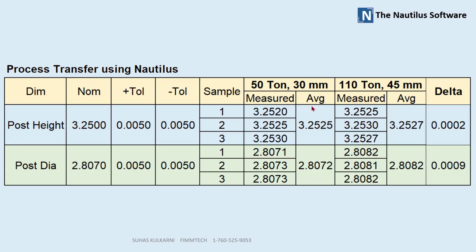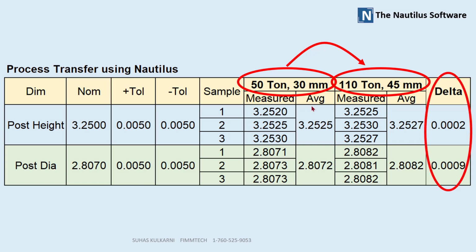So here is an example of how well the process transfer function works. One of my customers moved a mold from a 50-ton 30 millimeter screw machine to a 110-ton 45 millimeter screw machine. And when they looked at the dimensions, they measured two dimensions. They measured the post height and then they measured a post diameter. And the nominals were 3.25 inches and 2.807 inches.